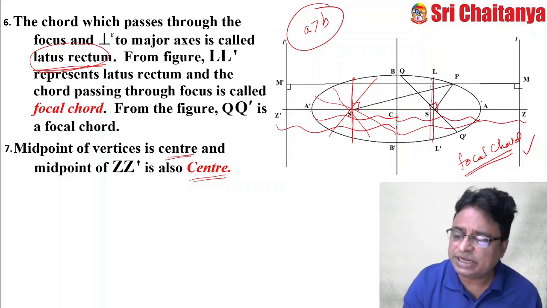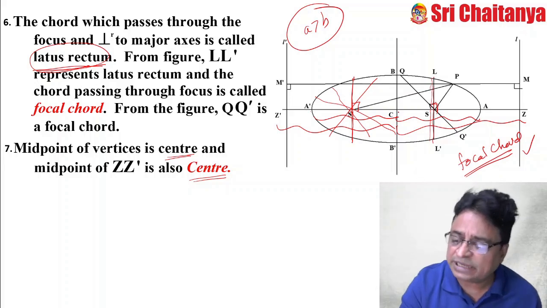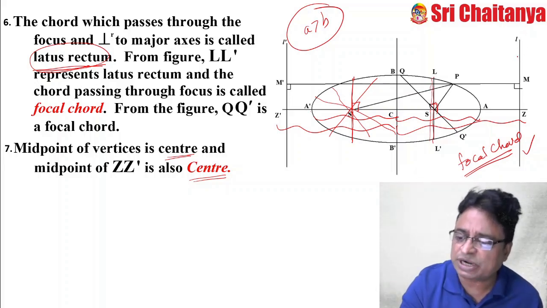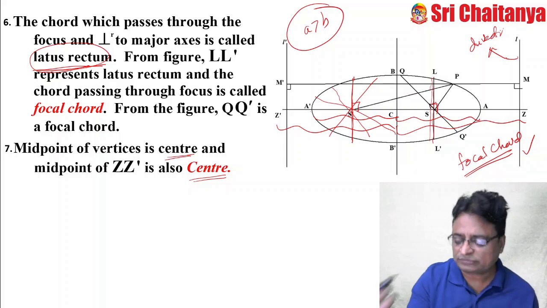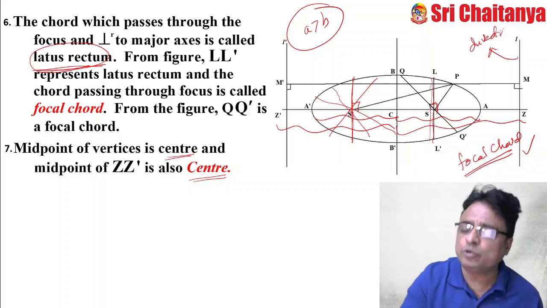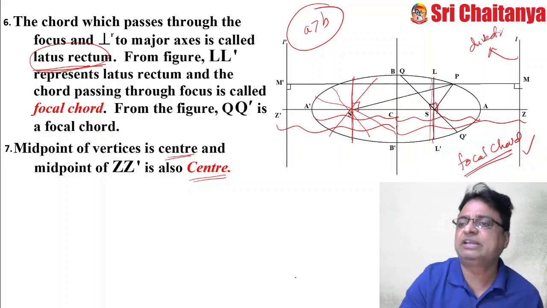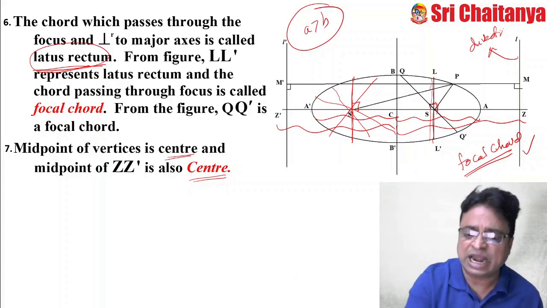And what are Z and Z dash? If you draw the foot of the perpendicular from the center onto the directrix, this is the directrix. How many directrices are formed for an ellipse? Two directrices will appear. That's why this is one directrix and this is another directrix.